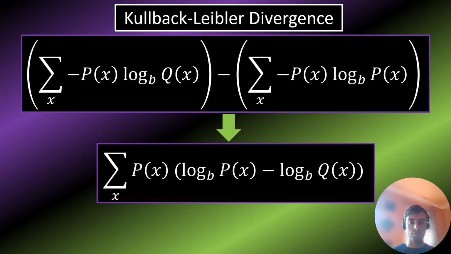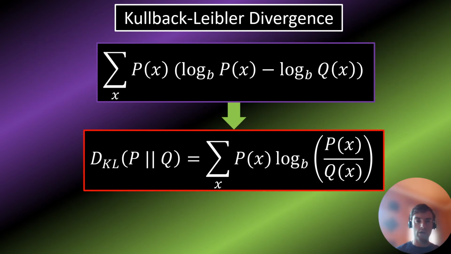So you can see that from the mathematical properties of the simplified form of this cross entropy minus entropy formula for KL divergence. We're going to proceed with the simplification by using the distributive property first.